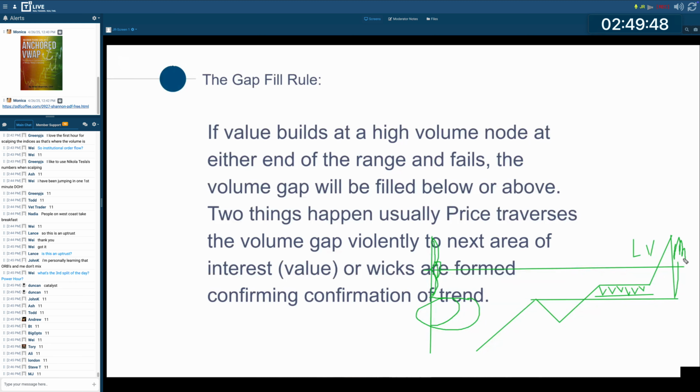That's oftentimes how V bottoms with platforms are created. And then slowly but surely you'll see this profile build strongly here, and you'll get an uppercase B profile. Okay, and you'll see point of control start to shift to the upper end of the range.